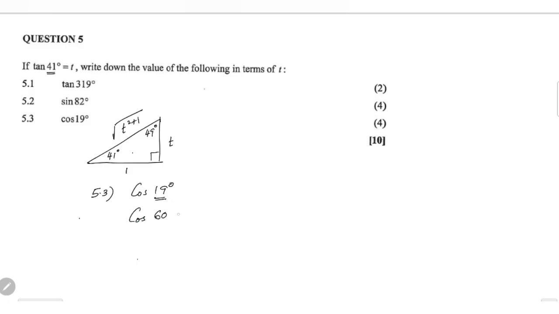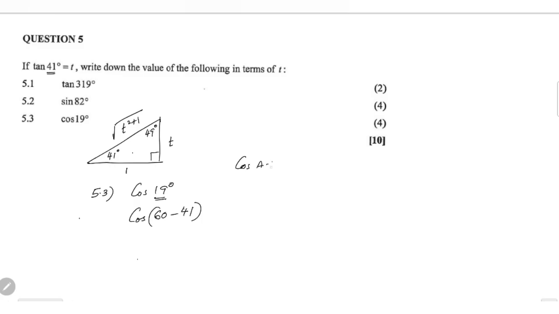Cos 60 is a special angle, minus what? 60 minus what is going to be 19? 60 minus 41 is 19. Do you see that? Those are the familiar angles, 60 and 41. So cos of 60 minus 41, what is the formula?